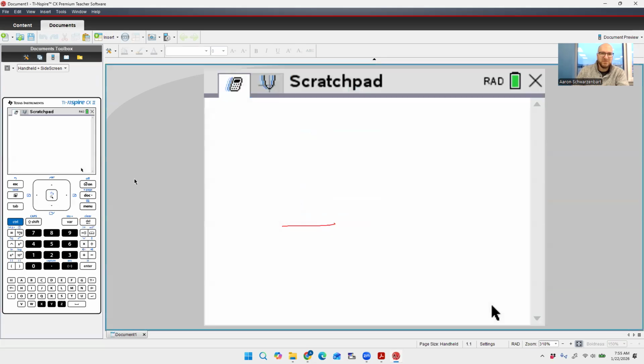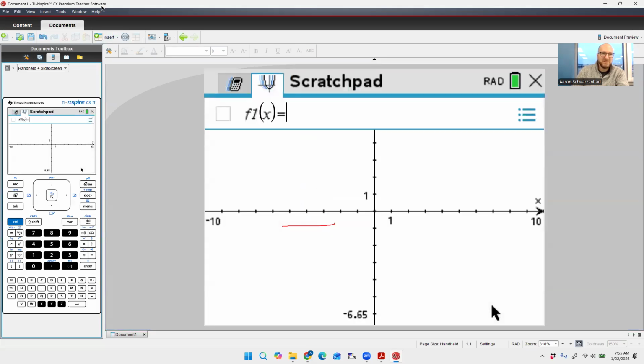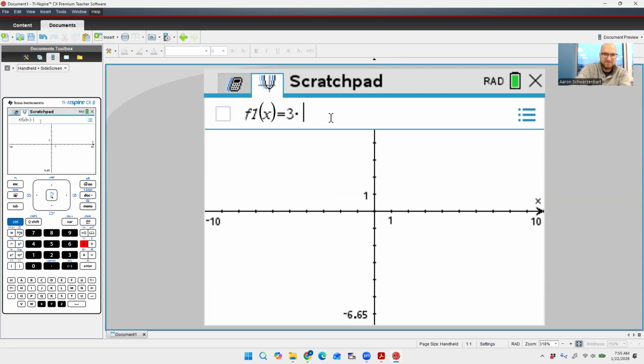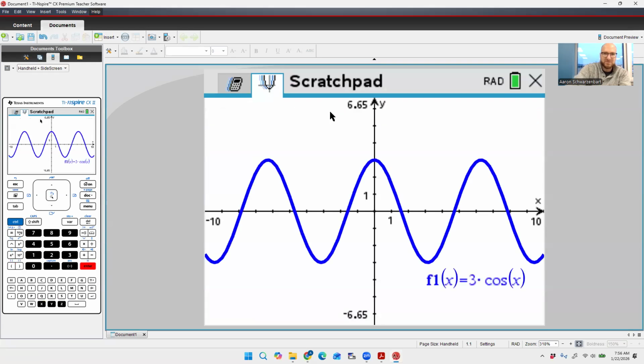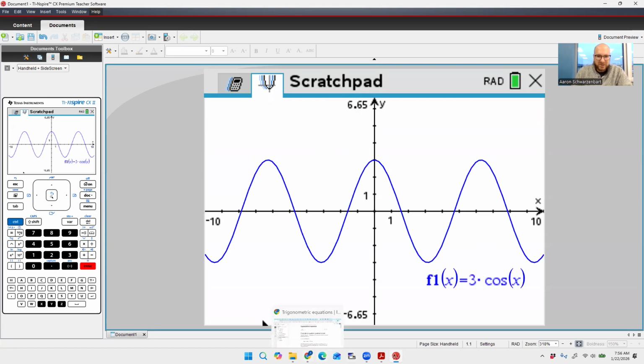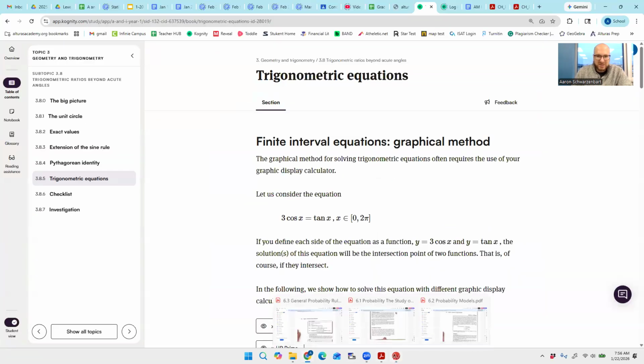You know what? This is being a pain. We're going to start with a new one. When I want to use the cosine function, I must put parentheses in it. Looks like that. And my other side of the equation is just tangent of x.